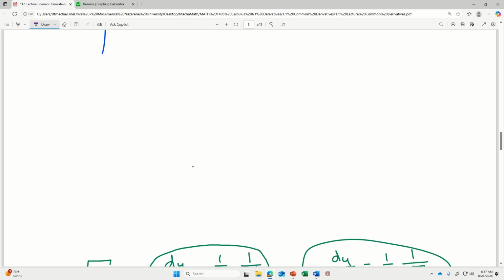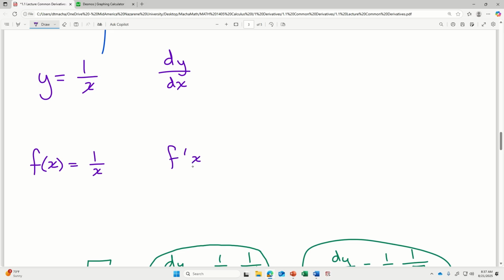So here's another question then. If my function is y equals 1 over x, then what's the derivative of y with respect to x? Another way I could ask exactly the same question is I could say, suppose my function is f of x equals 1 over x, and I could ask it like this. What is f prime of x?